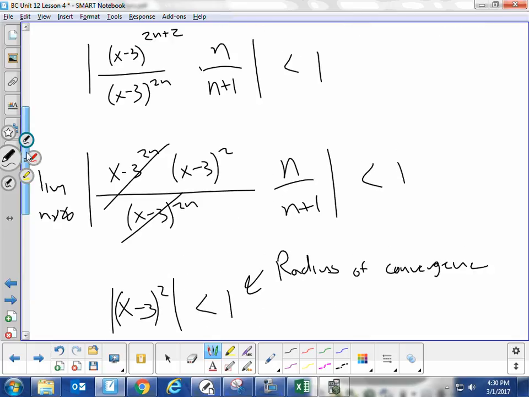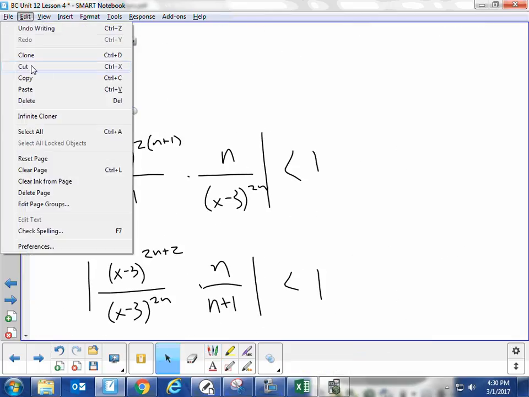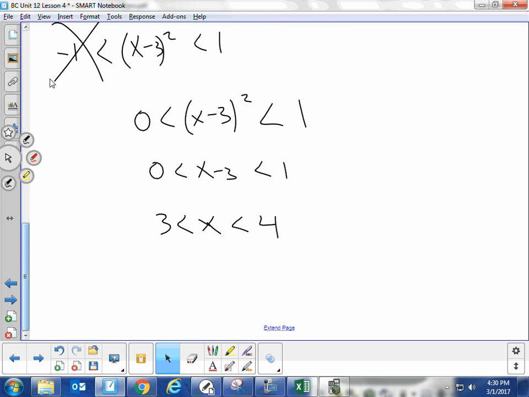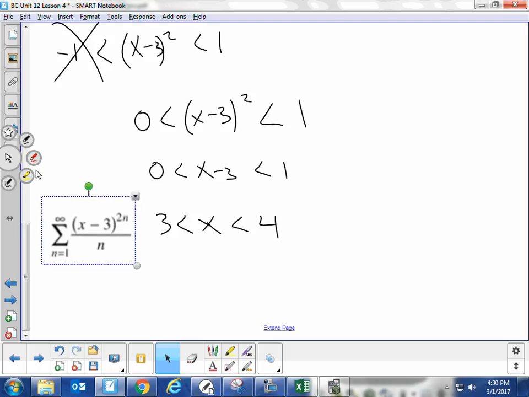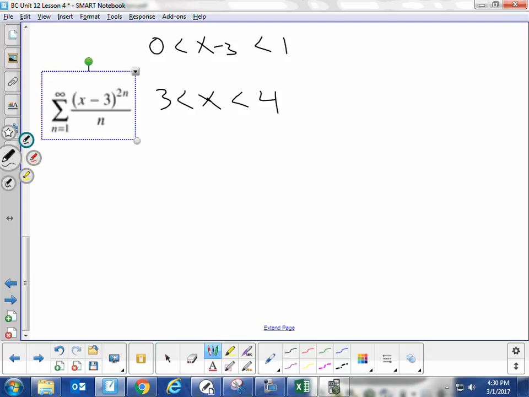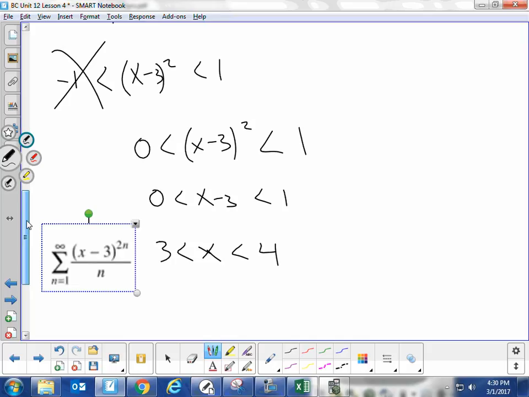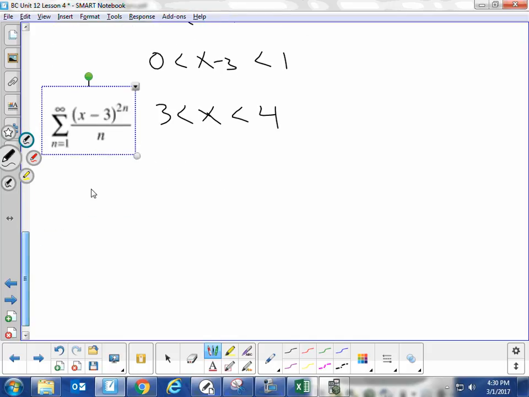Okay, now let's go ahead and check our endpoints. So if I plugged in x equals 3, we'd have 0 to the n, we would converge.